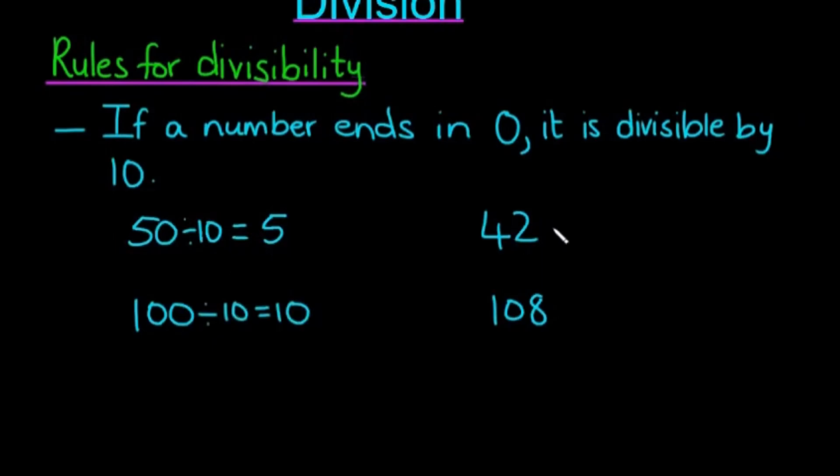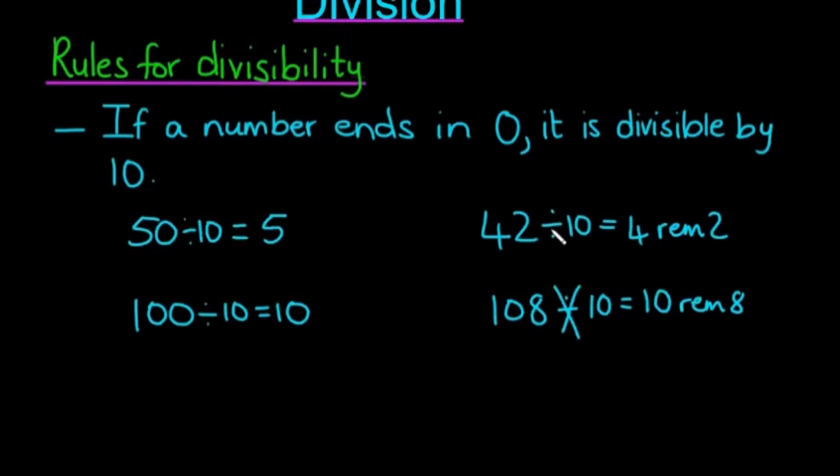However, going over to 42, and I divide that by 10, I'm going to get the answer of 4, remainder 2, as well as dividing 108 by 10, I'm going to get the answer of 10, remainder 8, which means that 108 is not divisible by 10, and 42 is not divisible by 10.